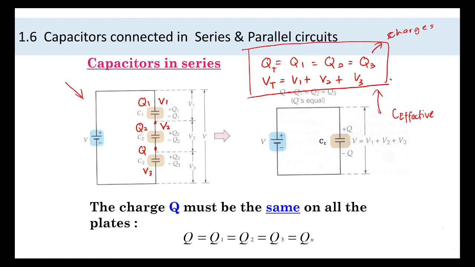For capacitors in series, the total charge Qt is equal to Q1, equal to Q2, and equal to Qt. So every charge in capacitors connected in series is the same. But the potential is different. The total potential is equal to V1 plus V2 plus V3.